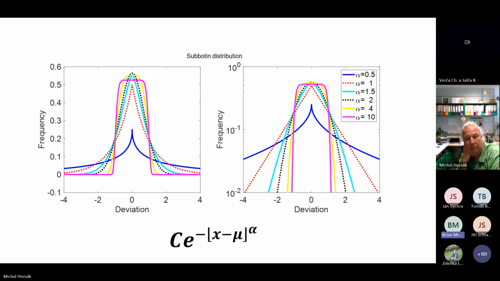On the left-hand side, you can see the normal distribution is when alpha equals 2, the black line. But there's also something I want you to home in on called the Laplace distribution, which is the red dotted line, which is alpha equals 1. There's an absolute value in that, raising things to the power of 1, which makes it symmetric about mu. There's a whole range from completely platykurtic to completely leptokurtic distributions. And Subbotin said, from a theoretical point of view, there's no reason to prefer any value of alpha. It's an empirical question what the value of alpha should be. So go ahead.